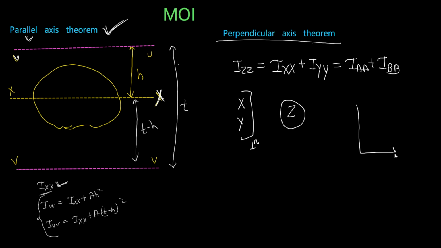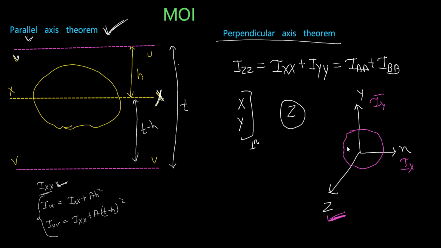See, this is the x axis, this is the y axis, there is another axis z. In the xy plane you have a figure, suppose I draw it like this. Here is a figure. If you calculate Ix, Iy, by the perpendicular axis theorem you can calculate Iz.